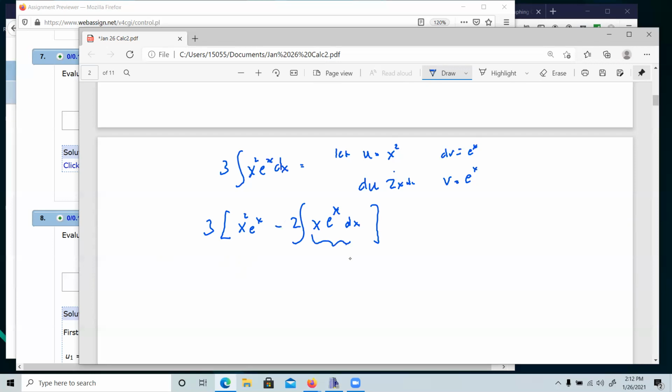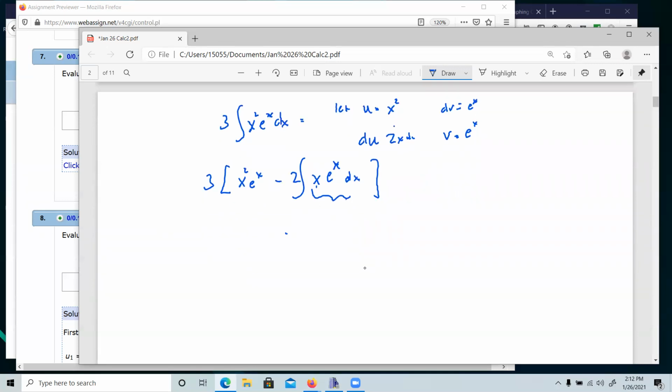At which point you get to this and you say, oh joy, this is a polynomial times an exponential. Guess what we get to do again? We have minus 2, and then we're going to have integral of x e to the x dx, and say that this is equal to, let u equal x, du is equal to 1, dv is equal to e to the x, v is equal to e to the x.